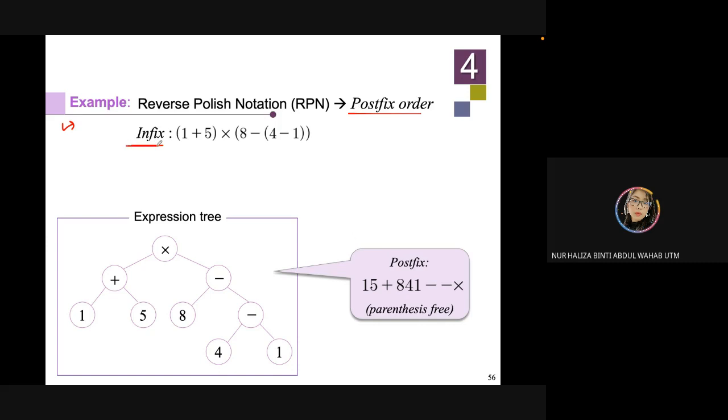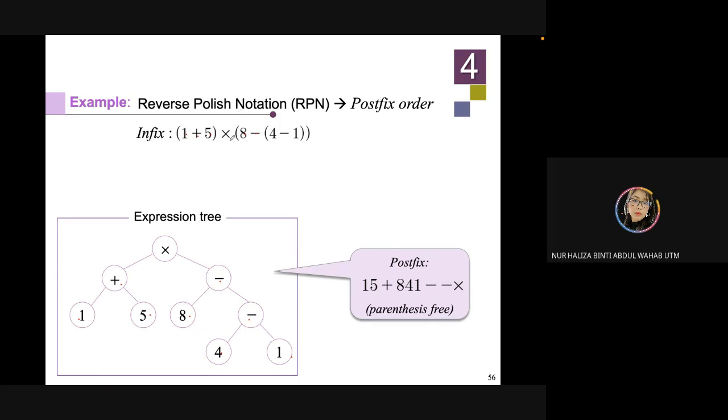If we were given infix, how are we going to come out with our postfix? From here, we need to come out first with our expression tree. We have 1 plus 5. At our right side, we have 8 minus 4 minus 1, which is 8 minus 4 minus 1.